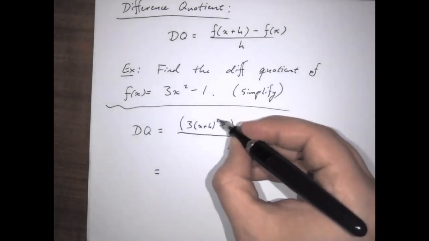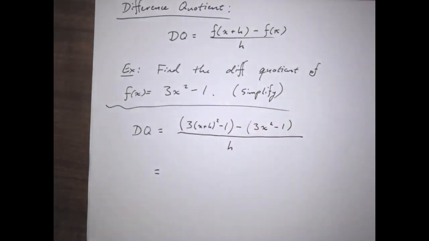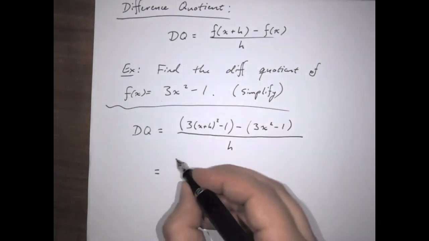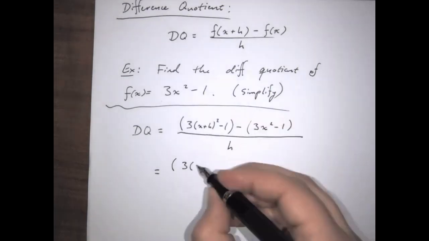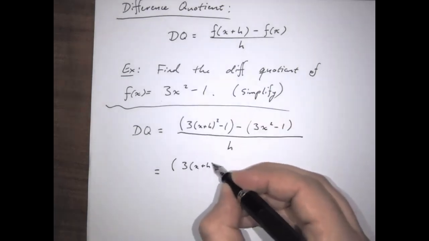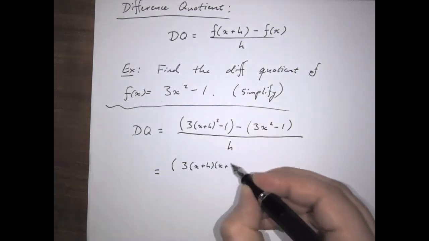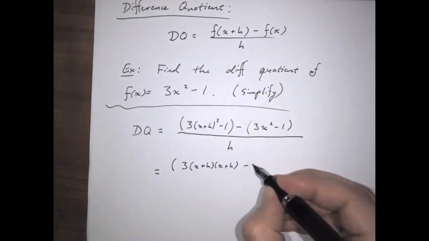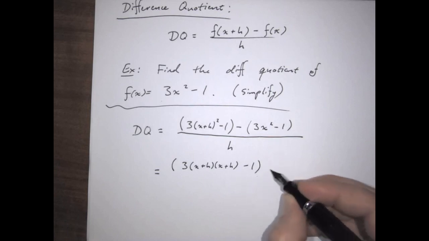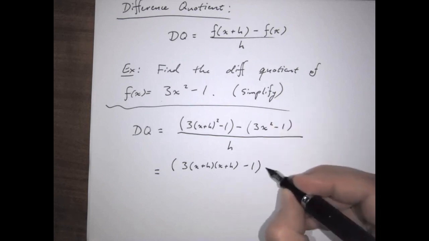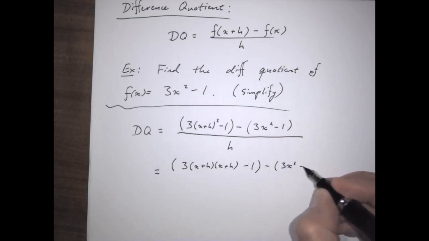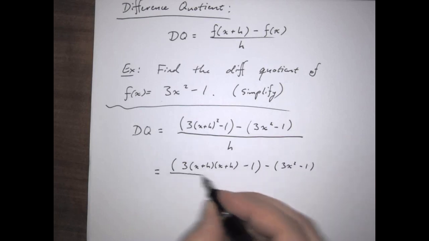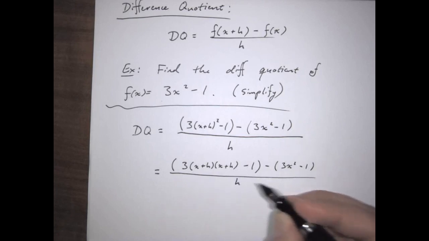So here, working our way from the inside out, the typical way of evaluating a mathematical expression, we're going to have 3 times (x + h), all minus 1, and that's going to be the end of that. And then here, what we're going to have is minus still 3x² - 1, all over h.